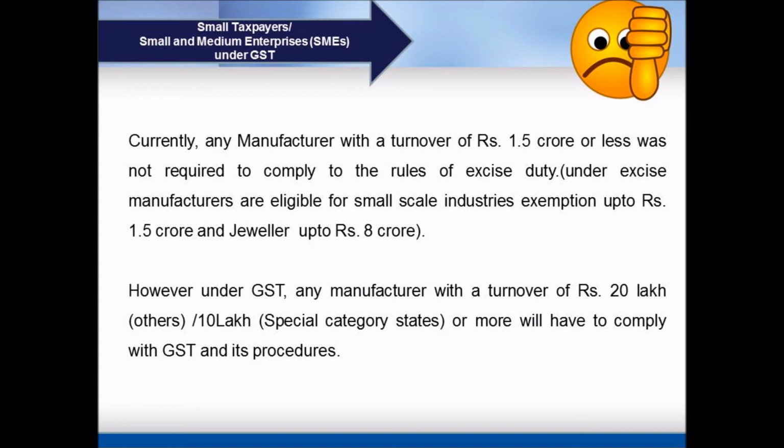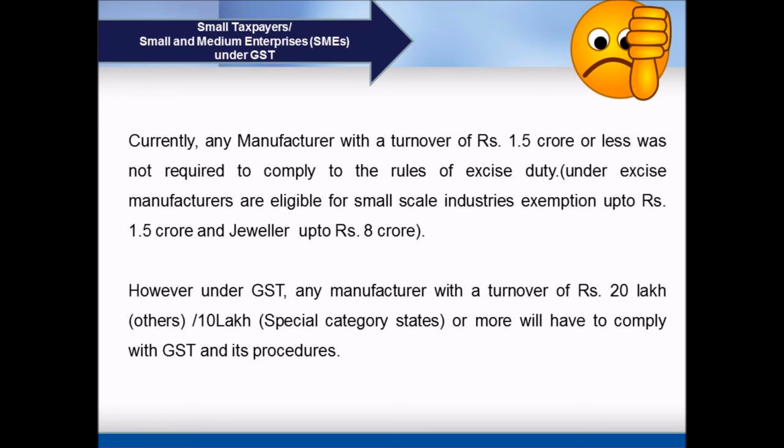Let's take a look at one major negative impact of GST on SMEs. Currently, any manufacturer with a turnover of Rs 1.5 crore or less was not required to comply with the rules of excise duty.